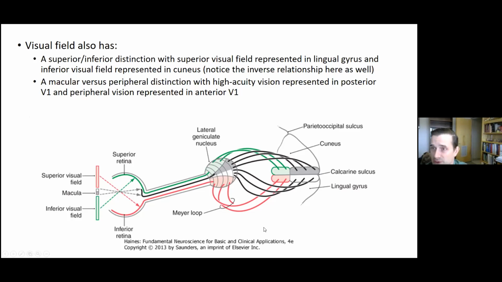So you'll note that from the periphery of my eye, represented by the green and red in this image, they're going to the anterior or front part of my primary visual cortex. Now, if you follow the black line, which represents the macular or high acuity vision, it's going to the posterior aspect of your primary visual cortex.